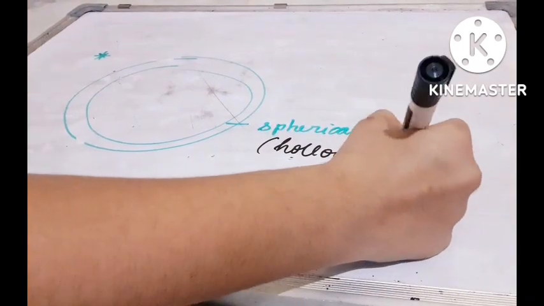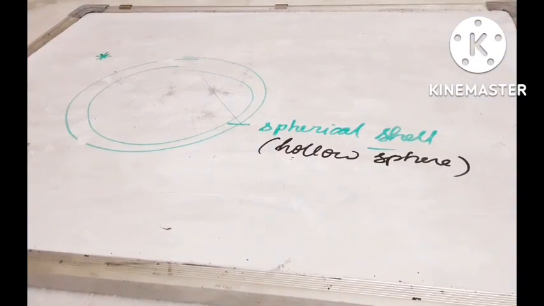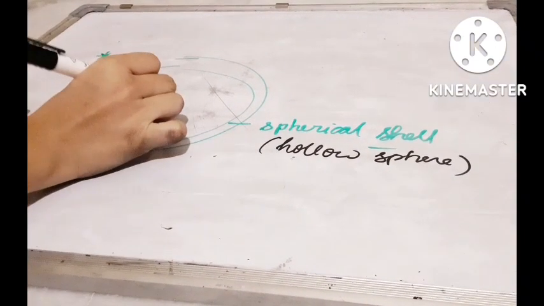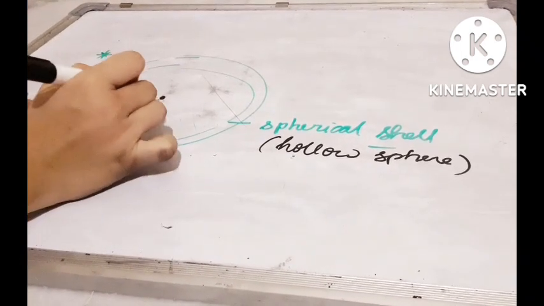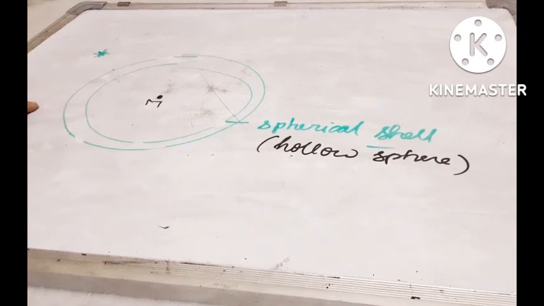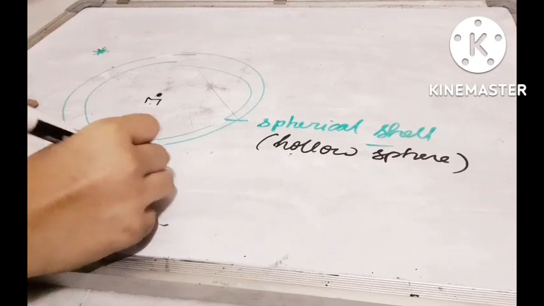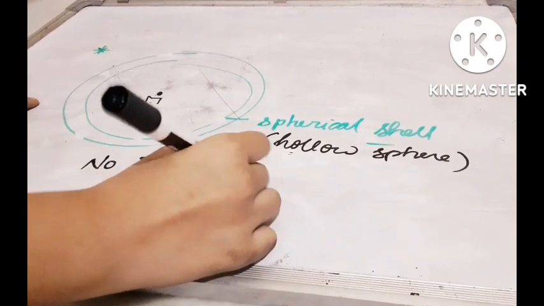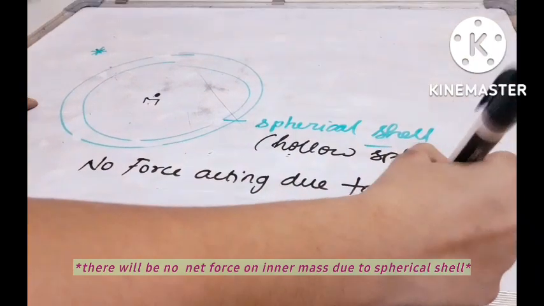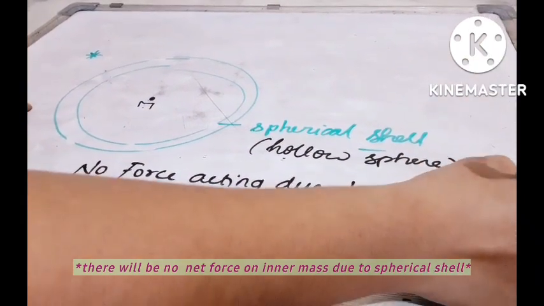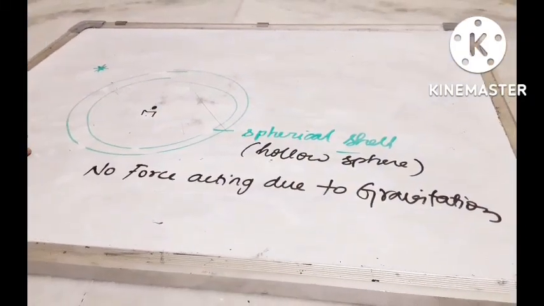It was air filled, but now I am placing a mass m over here. So on this mass there will be no force active due to gravitation. If you keep a mass inside a spherical shell, there will be no force acting due to gravitation. Why is it so?